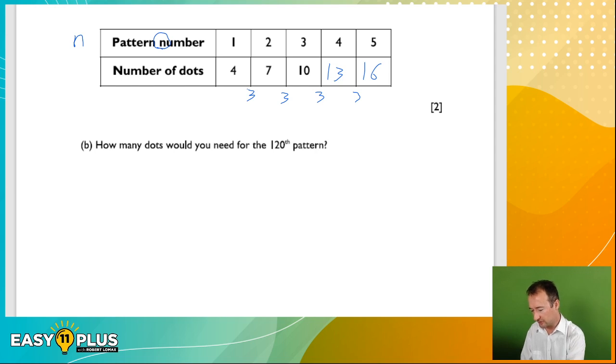n goes up by 1 each time. That's obvious, but let's just bear it in mind. Now the number of dots goes up by 3 each time. In other words, this increases 3 times as fast as n increases.